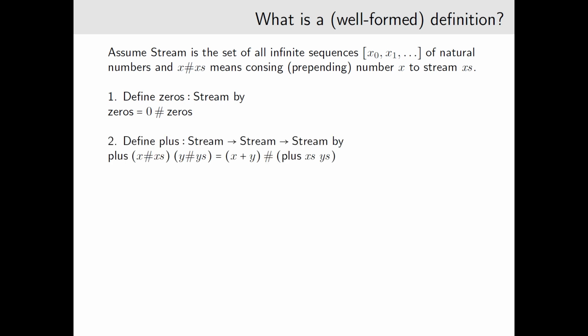Now let's consider another definition, which aims to do the component-wise addition of two streams. It goes like this. It splits both arguments into a head and a tail, and just adds the heads, and then applies recursively, technically speaking co-recursively, this to-be-defined operator to the tails.